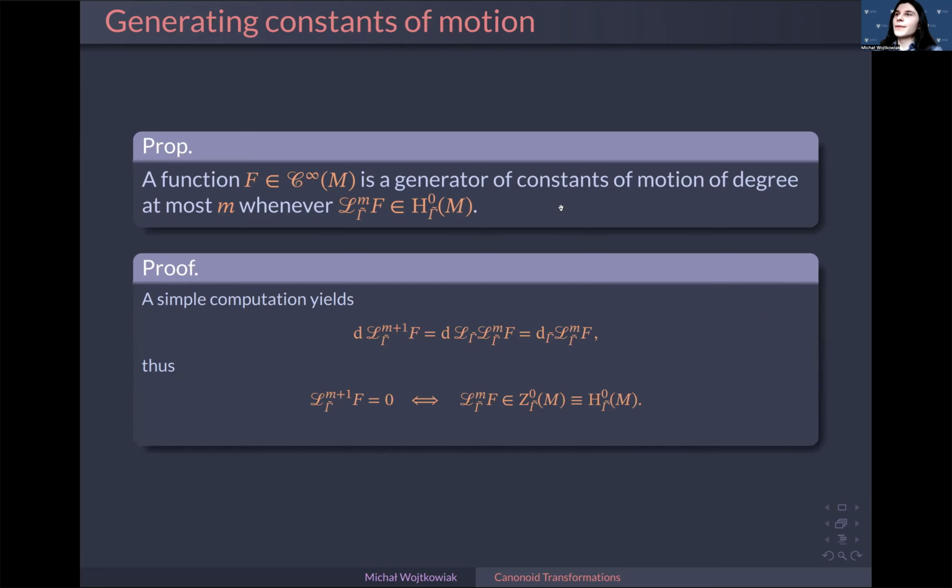And the proof could be written in one line, I suppose, if we wanted to. We just need to check that the (m+1)-th order of the Lie derivative along the dynamical vector field is zero. We don't know if the previous ones are zero, so that's why we say that the degree is at most m and not necessarily exactly m.